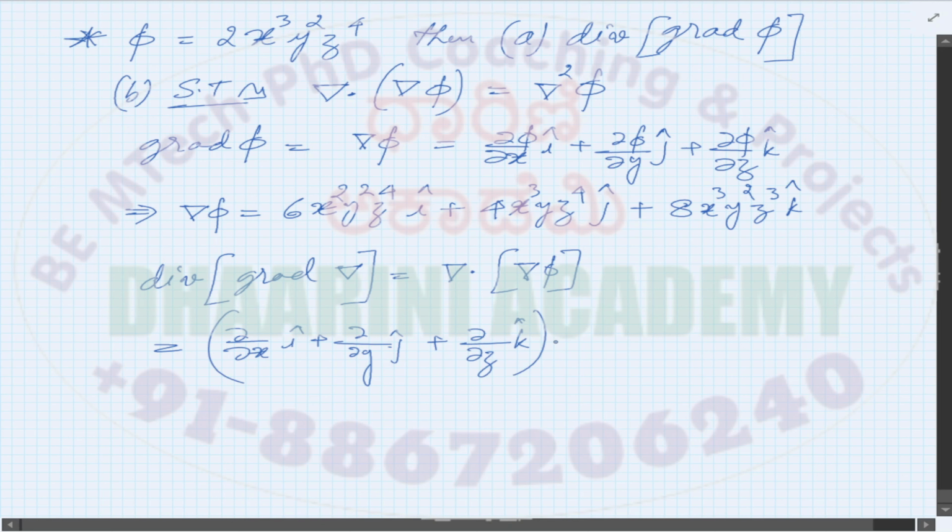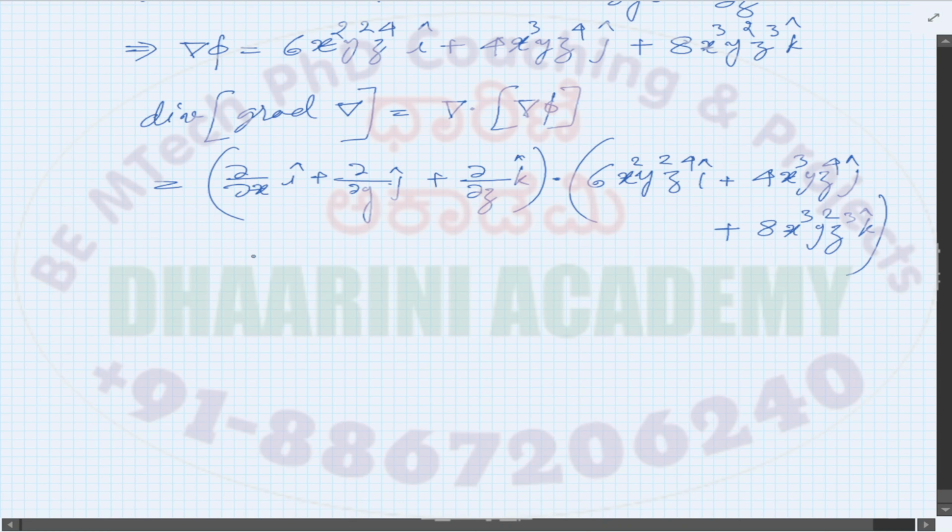This is the del dot, applied to the answer which we got just now, right? So that is equal to 6x square y square z to the 4 into i cap, plus 4 into x cube y z to the power 4 j cap, plus 8 x cube y square z cube into k cap. So partially differentiate the first term with respect to x, the second term with respect to y, and the third term with respect to z.